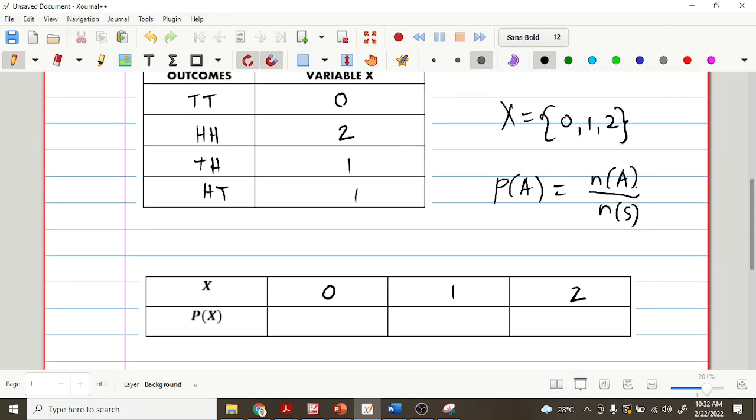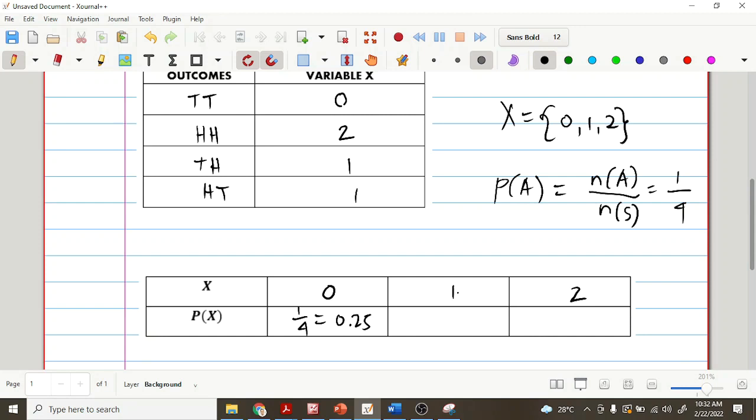So ilang beses nag-appear si 0? Isang beses. So the numerator here is 1. And then alam natin na number of elements ni S ay 4, kaya ang ating probability that 0 heads will appear is 1 all over 4, or this is equivalent to 0.25.